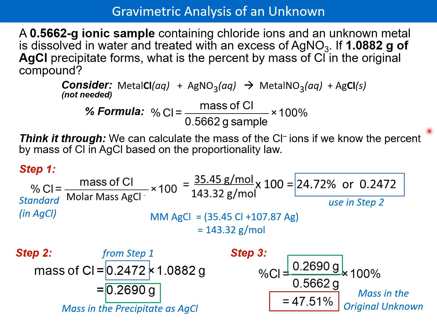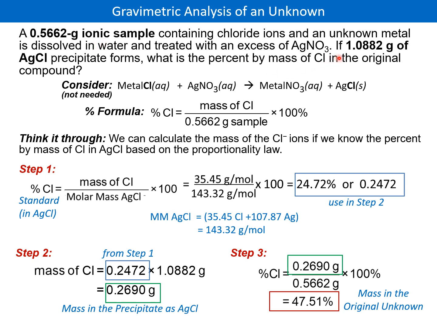And here is the problem. A 0.566 gram ionic sample containing chloride ions and an unknown metal is dissolved in water and treated with excess silver nitrate. The purpose of the silver nitrate was to precipitate out the chlorine from the unknown sample.